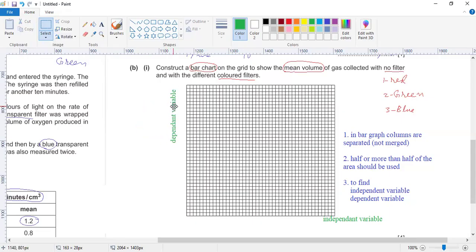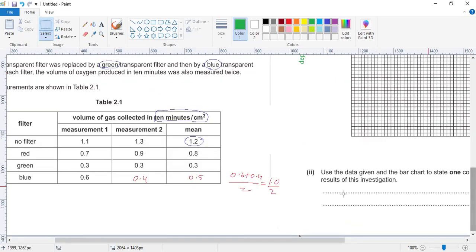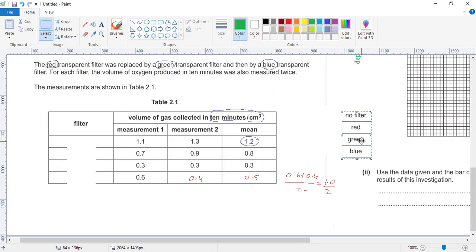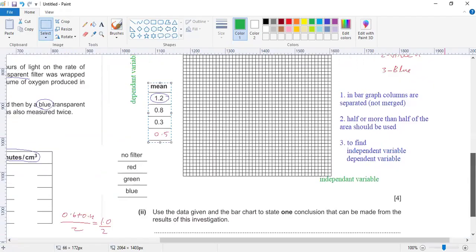Here we will draw the independent variable. Okay, so now see in the table, what is the independent variable? This column is the independent variable. So the different color filters, these are the independent variable. These must be on the x-axis. And these mean values are the dependent variable. These are on the y-axis. So what to do now?